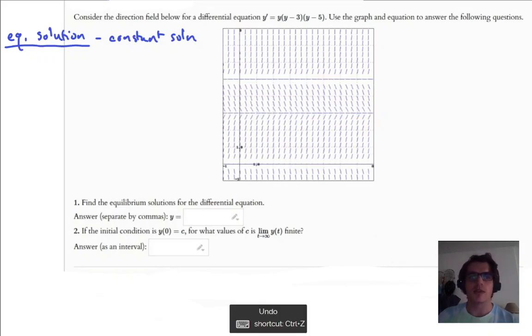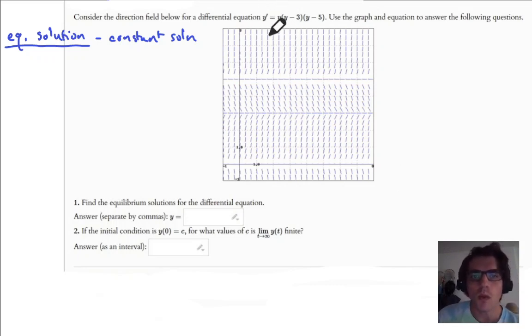Why these points, though? Well, if we look at our equation, y prime equals y times (y minus 3) times (y minus 5). If our function just equaled 5, for example, y equals 5, then the derivative of that is 0. And if we plug in here, it would work.